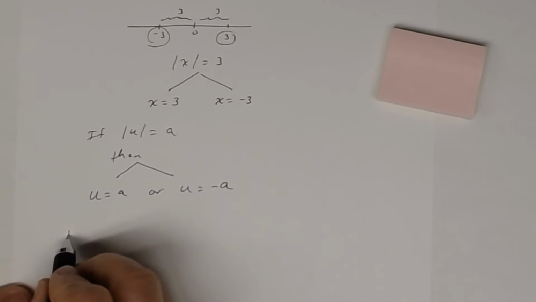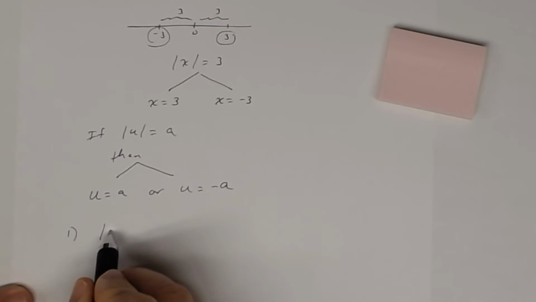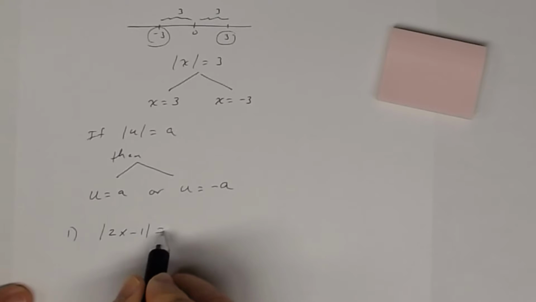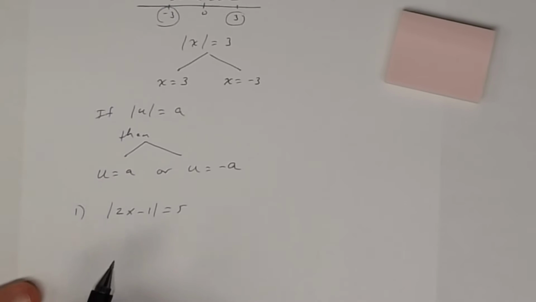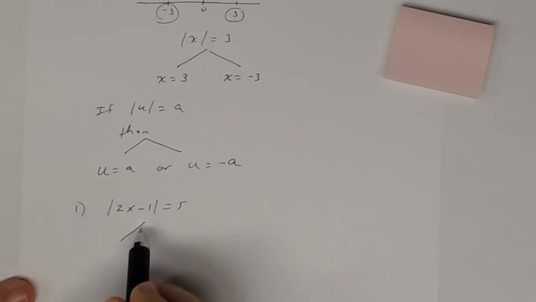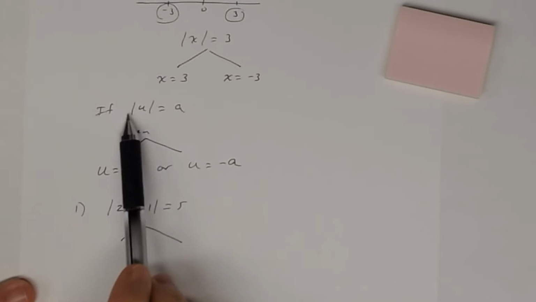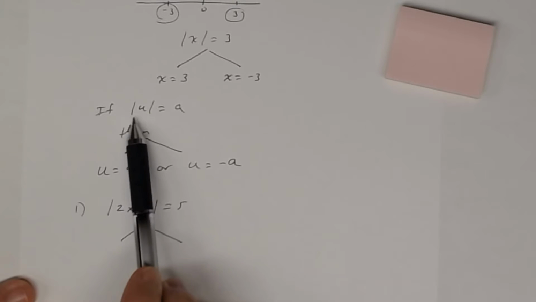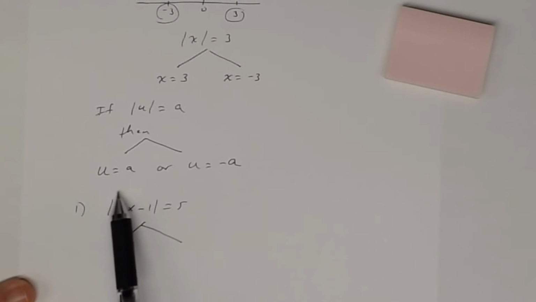All right, so that's how you're going to rewrite these. So if we go back to number 1, where we wanted to solve the absolute value of 2x minus 1 is equal to 5, the first thing you're always going to do is rewrite this without the absolute value bars. Before you do that, it's always important that you get the absolute value expression by itself. Notice it already is by itself. The 5 is on the other side.